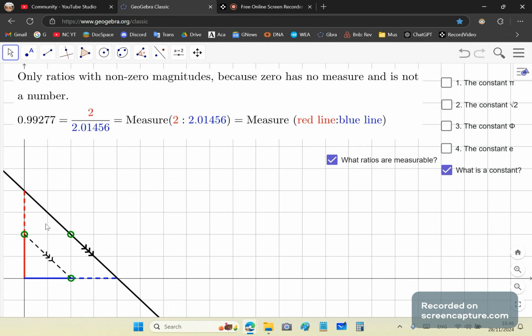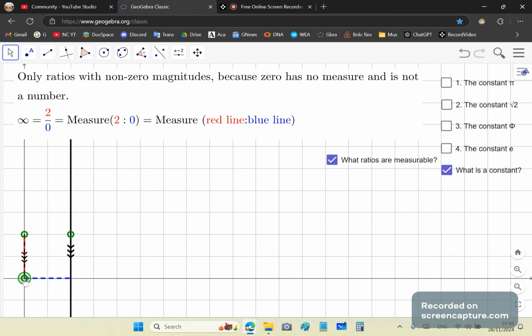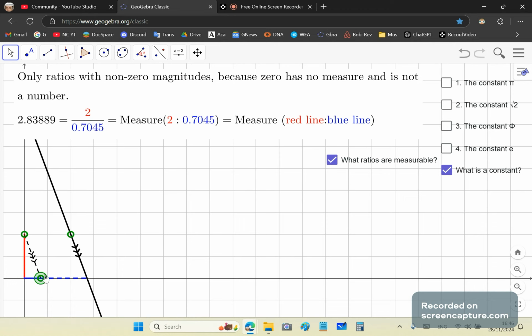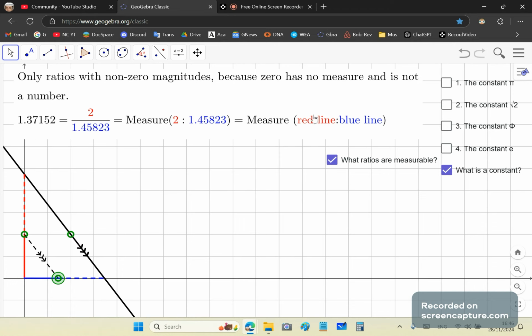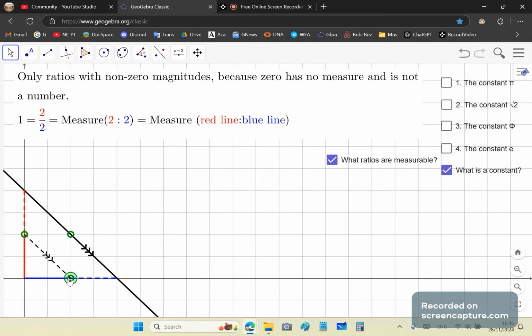Okay, so you cannot have a zero consequent. See, both of these red lines cannot be zero. I mean, there's no such thing as a zero line segment. Okay, and that's how numbers are found. So once again, it doesn't matter which number you're using.